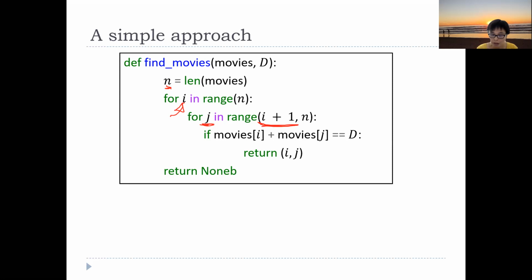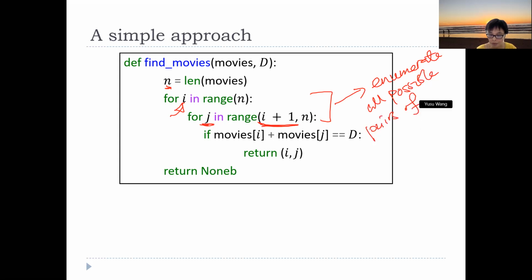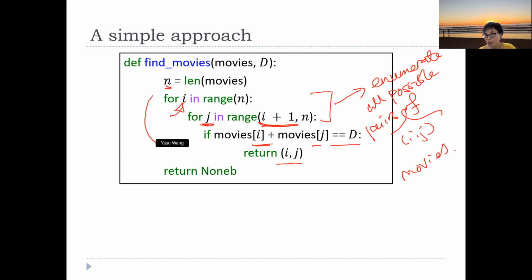This basically enumerates all possible pairs of movies. Then for each such pair, you check the total length. If it's equal to D, we return it. Otherwise we continue. If in the end we enumerate all possible pairs and still didn't find it, we return none. So that's the algorithm, very simple.